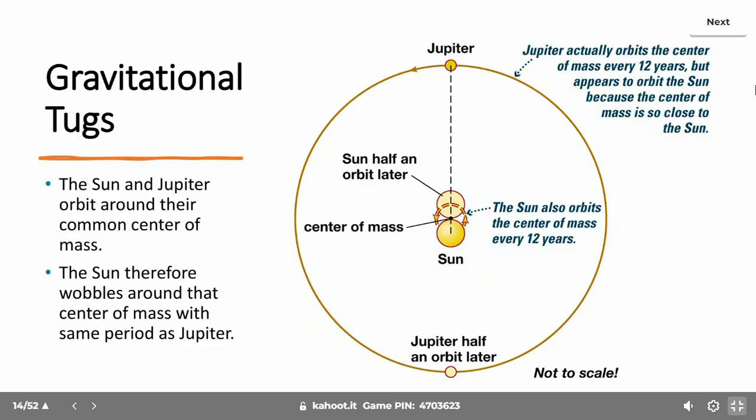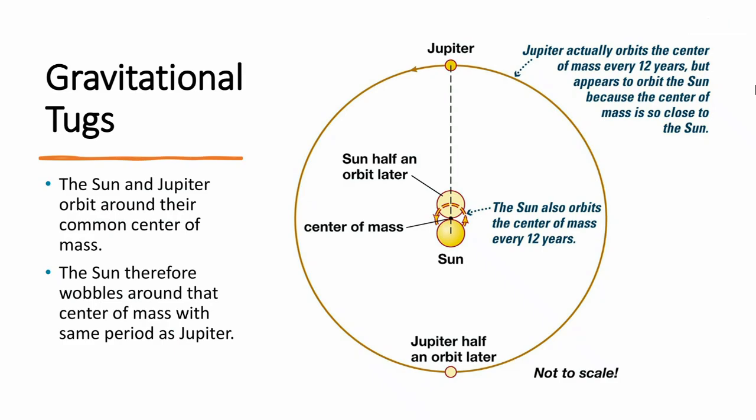When I've talked about, for example, things in the solar system, I've said that they're orbiting the sun. And that's mostly right, but the more accurate thing to say is that everything in the solar system, including the sun, is orbiting the center of mass of the solar system.